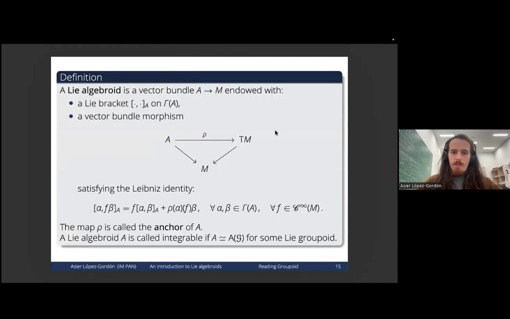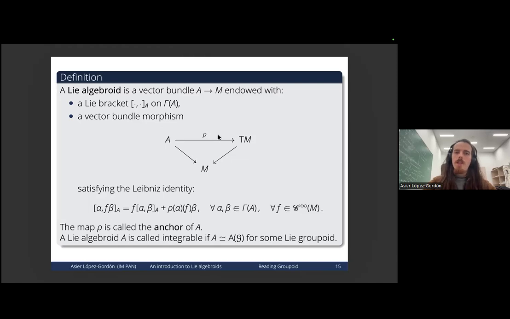So we've just defined the Lie algebroid of a Lie groupoid. We can define a Lie algebroid in general as follows. So we will have a vector bundle, which is also equipped with a Lie bracket on the space of sections, and a vector bundle morphism over the identity, which satisfies the Leibniz identity that we have been considering.